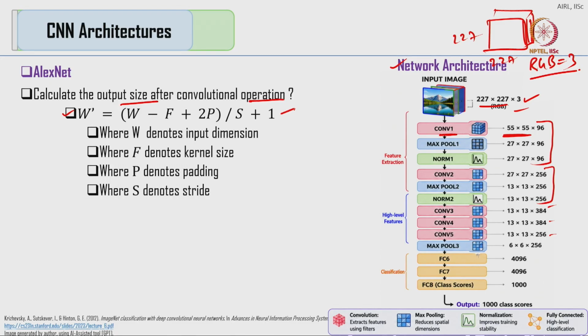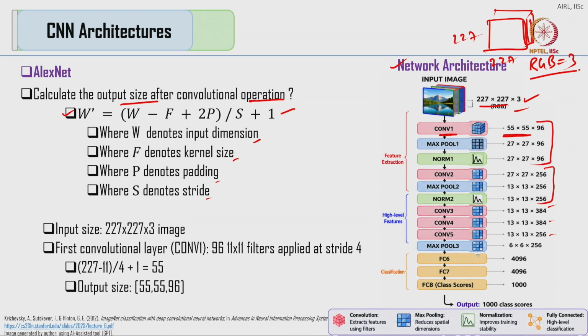In this formula, W denotes the input dimension, F denotes the kernel size, P denotes the padding, and S denotes the stride. Now for the output of conv1, the input size is 227 cross 227 cross 3. The convolutional operation has 96 output channels with an 11 cross 11 kernel size and a stride of 4.